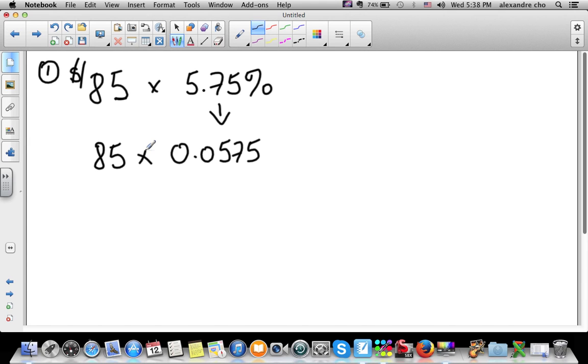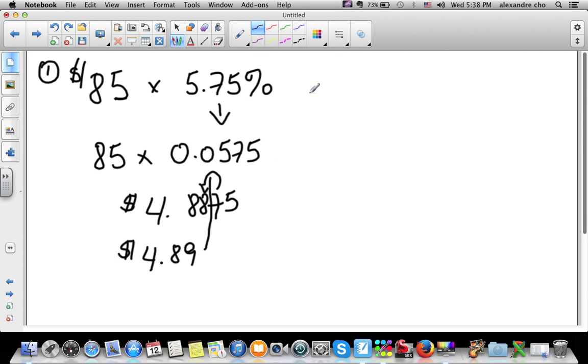So 85 times 0.0575 gives you 4.8875. That's our tax, but remember, money breaks off right here, and that rounds off to $4.89 because that 7 is going to make the 8 go one higher. So there's our tax, $4.89.